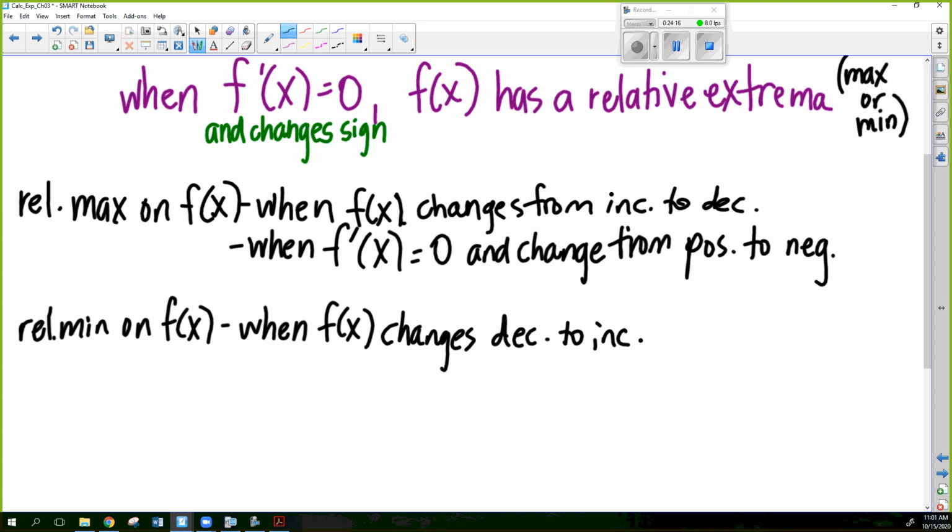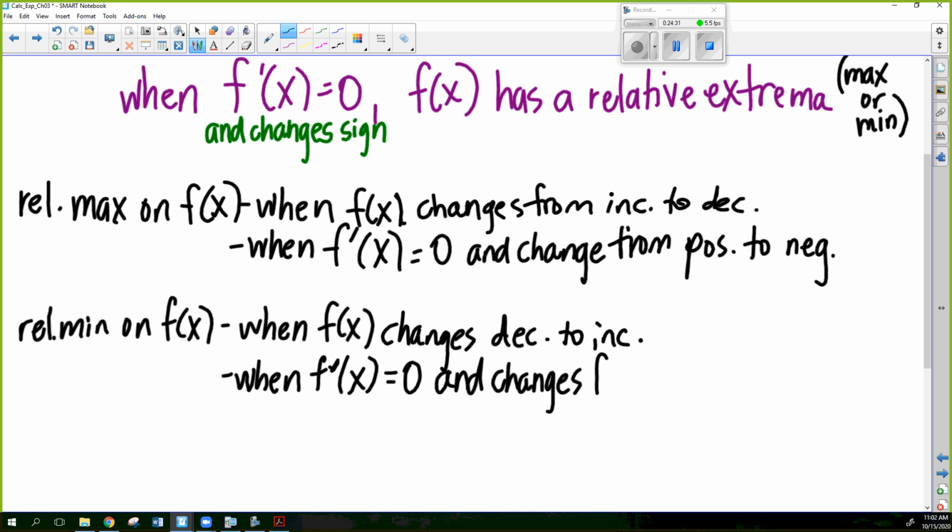But then what's happening on the derivative? The derivative is negative and positive. It equals 0, but specifically changes from negative to positive.